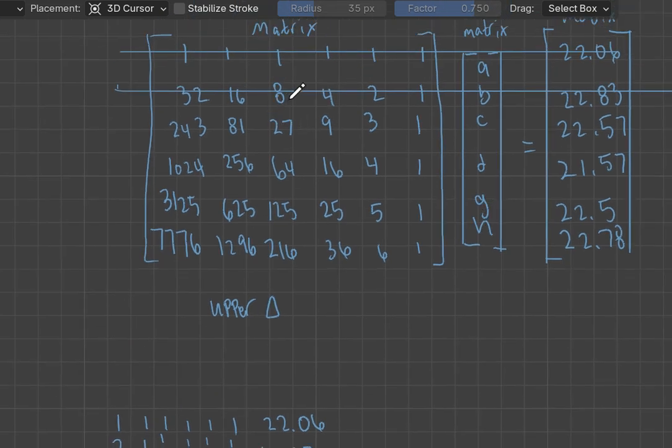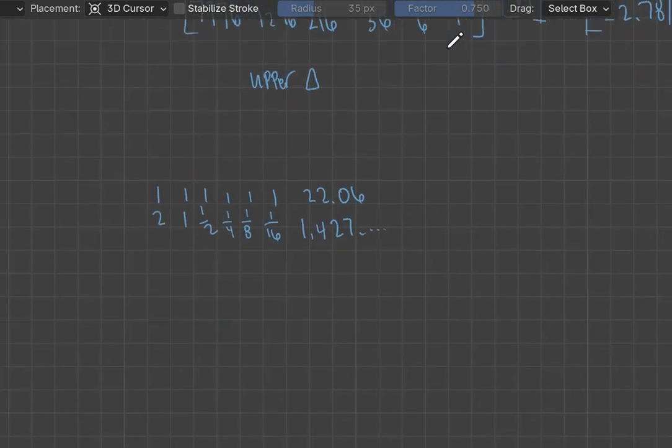So for the third row, I want to get a 1 in this position, so I'm going to divide everything by 27.